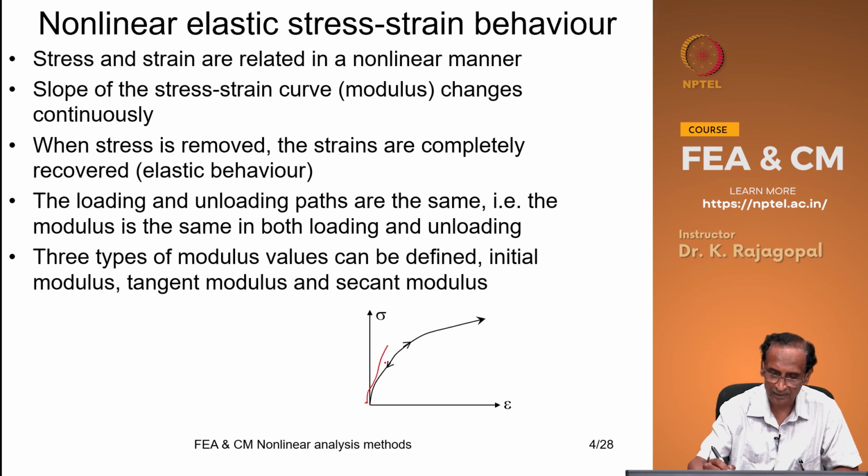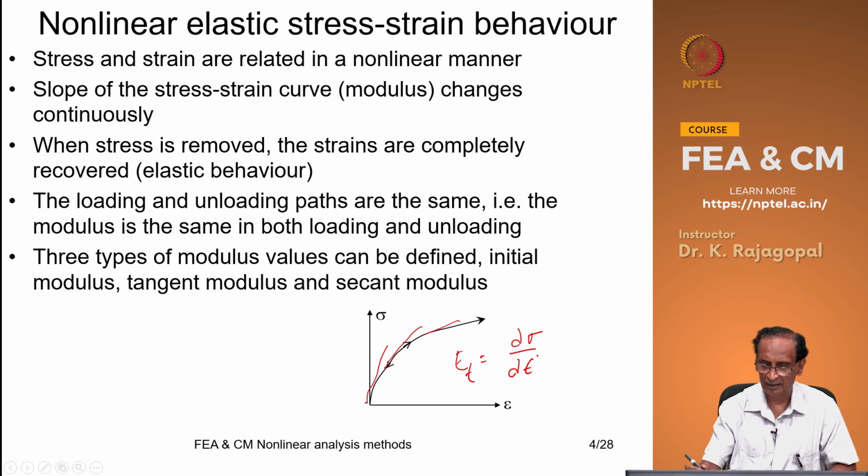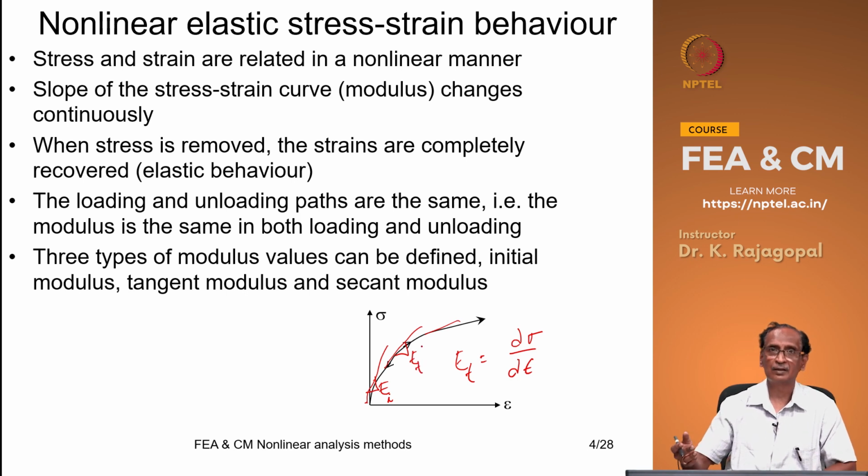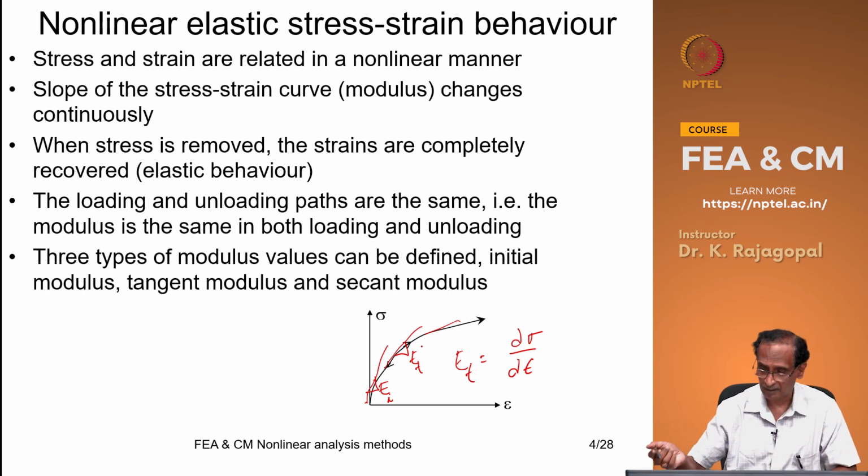So our E tangent is our Young's modulus, and so if you calculate the tangent of this, the sigma by epsilon at a low strain level, you will get some value, and this we could call it as an initial modulus, and then anything beyond that we can call it as a tangent modulus, and this tangent modulus will go on changing with the strain and the stress level.